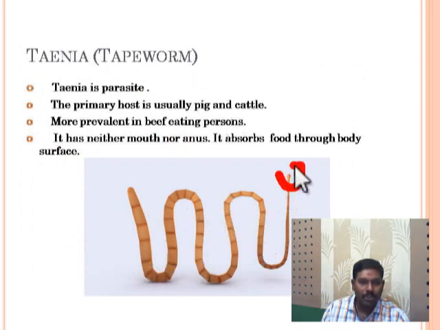This is the head portion, and the primary host of Taenia solium is usually pig or cattle, and it is more prevalent in beef eating persons, Taenia group. It has neither mouth nor anus. It absorbs food throughout the body surface.